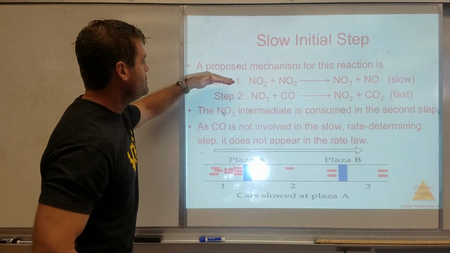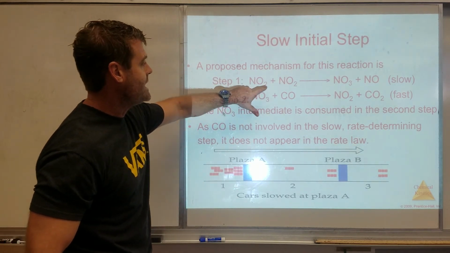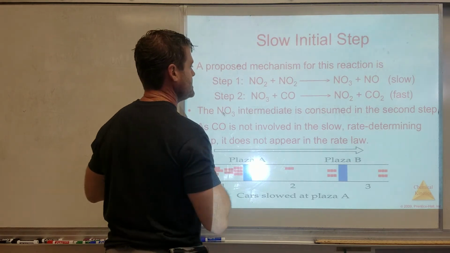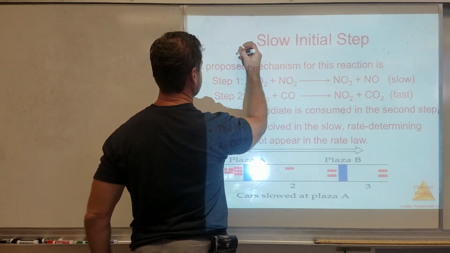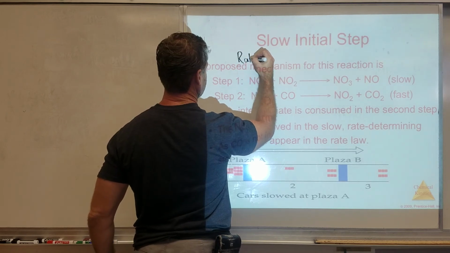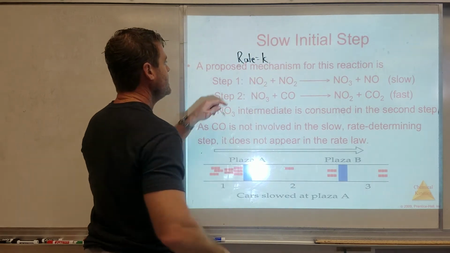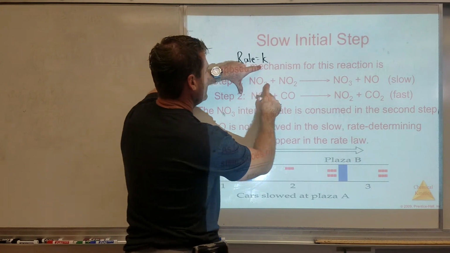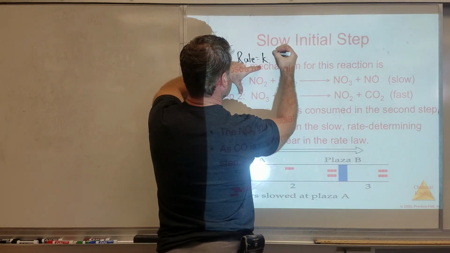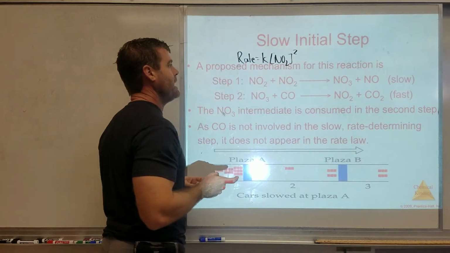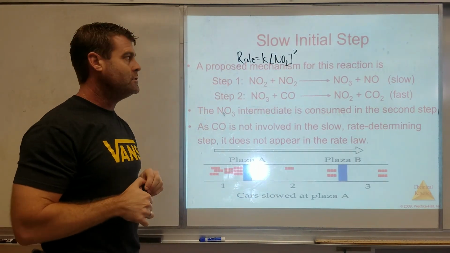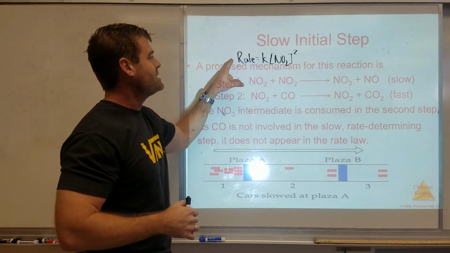So you take your slowest step, this is what determines the speed of the overall reaction, and then you write your rate law like that. So we see rate is equal to k, you remember it's always equal to the rate constant, and then I've got 2 NO2, so that means it is second order with respect to NO2. And you see that is our experimental rate law.